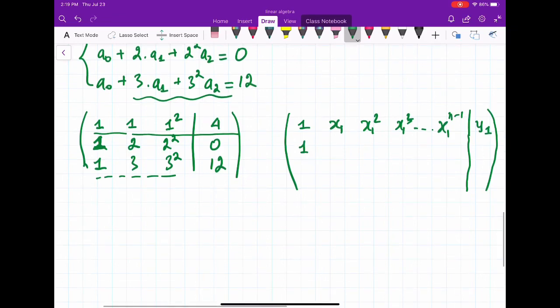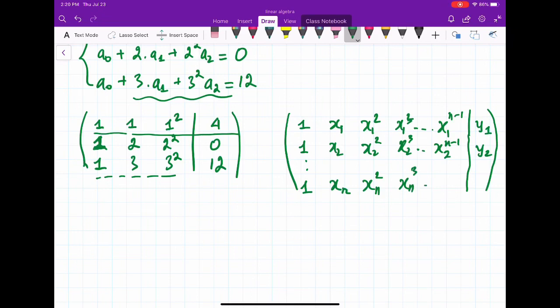You have 1, x2, x2 squared, x2 cubed, and so on, up to x2 to n minus 1, and you have y2. And you have 1 here, xn, xn squared, xn cubed, and so on, xn to n minus 1, and yn.